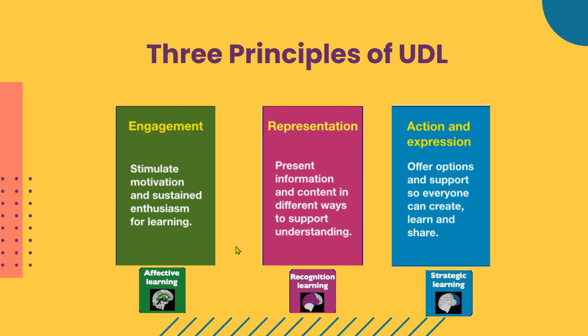And then the action and expression for strategic learning offers options and support so everyone can create, learn, and share. Okay, and so for the Universal Design for Learning, the assistive technology used for those that are disabled can actually prove itself useful to those that are non-disabled, such as closed captioning, which can be used for students with low hearing, but also students that have trouble focusing or maybe are in noisy places and need to understand what is going on in the context of the learning.